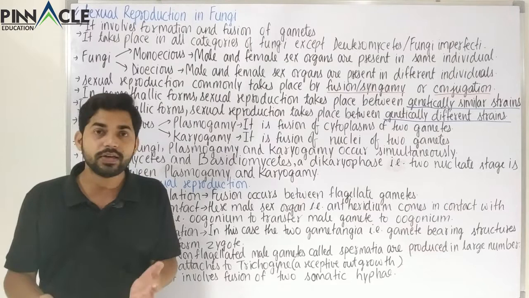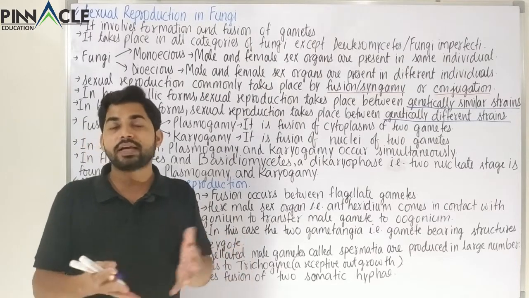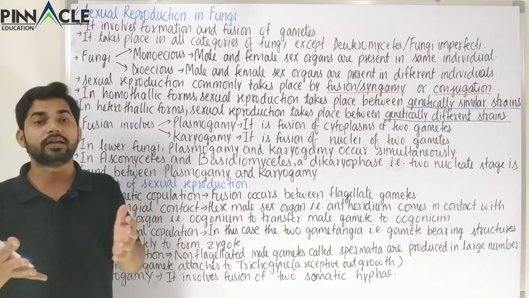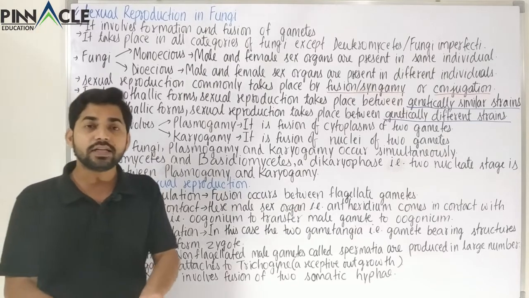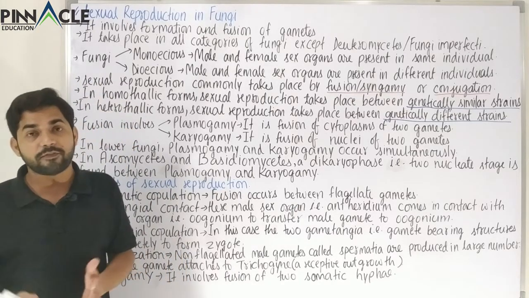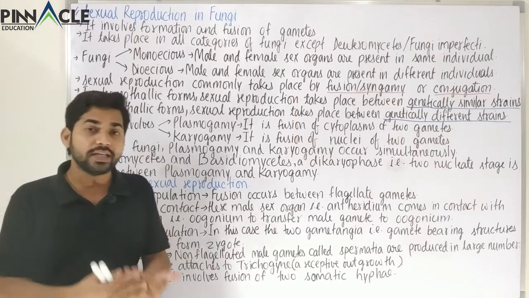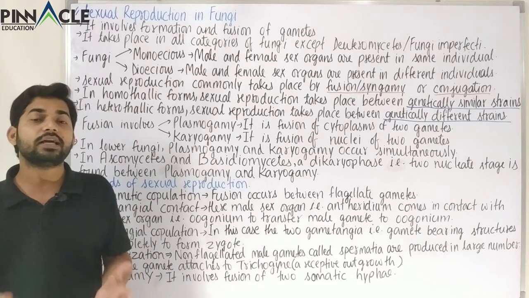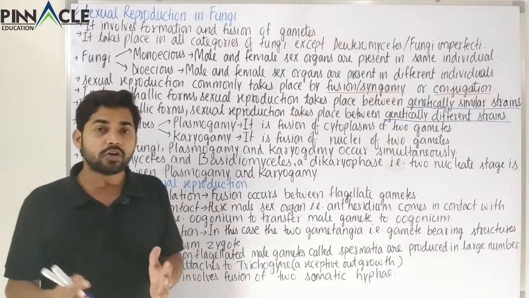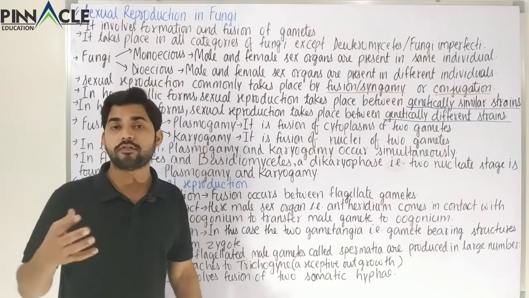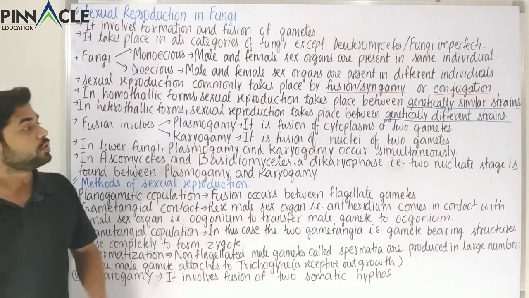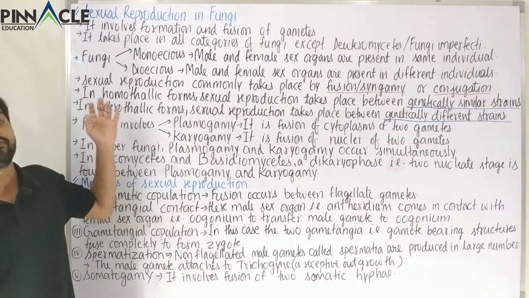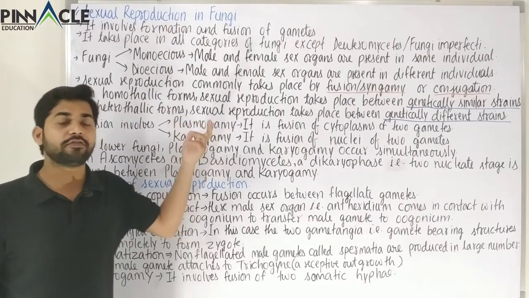So it is obvious that the characters of the offspring would be much different, and the amount of variation would be much more, or we can say there will be a recombination of characters in the offspring or progeny. So these are the two common types, homothallic and heterothallic fungi.